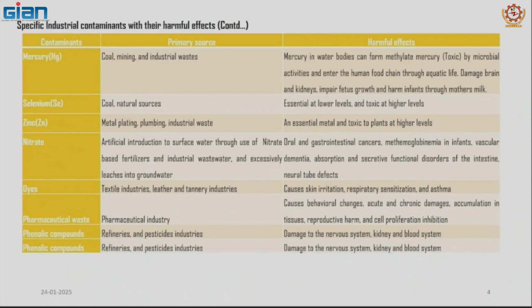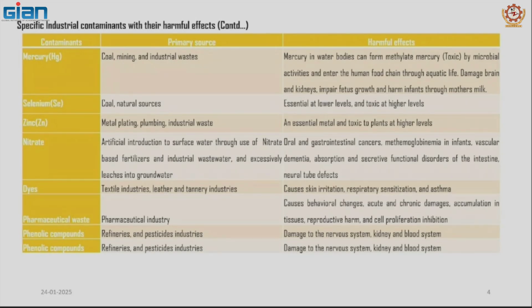The table continues with other contaminants here: mercury, selenium, zinc, nitrate, dyes, pharmaceutical waste, phenolic compounds. And the phenolic compounds are organic compounds, mainly coming from refineries, pesticide industries, and many other organic chemical industries.